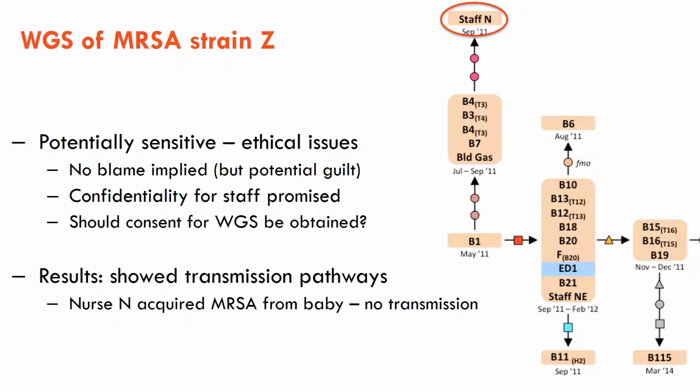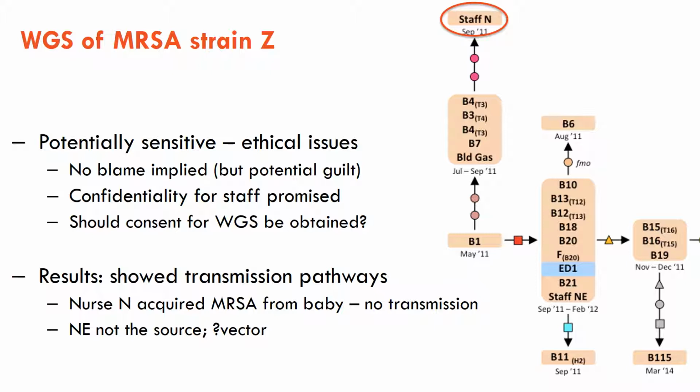Secondly, it showed that Nurse NE was not the source. Her isolate had arisen from the original baby, but she acquired the MRSA strain quite early in the outbreak, at the same time as a number of other babies had.